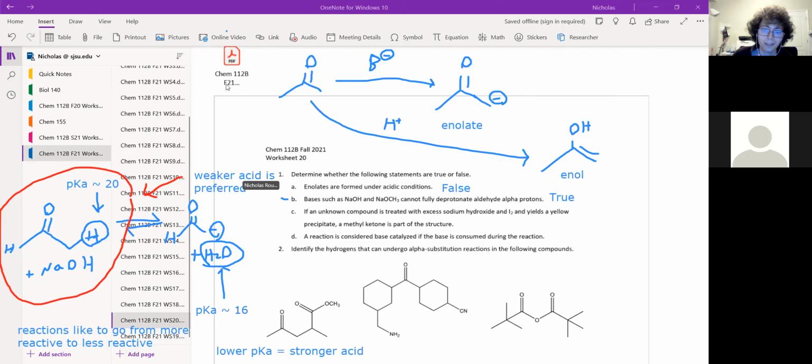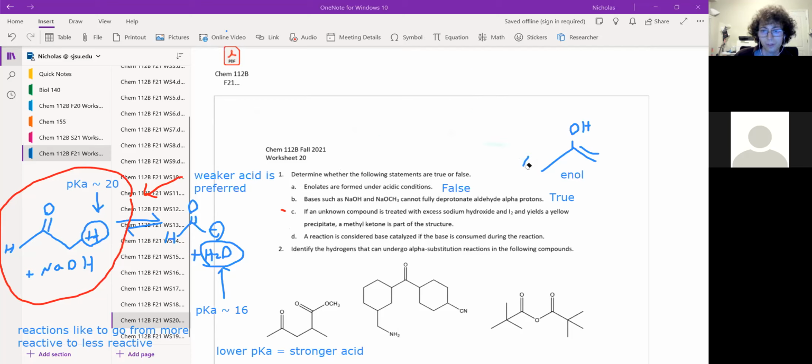Next one is C. And it is if an unknown compound is treated with excess hydroxide and iodine and yields yellow precipitate, methyl ketone as part of the structure. That's very specific, but it was discussed briefly in class.